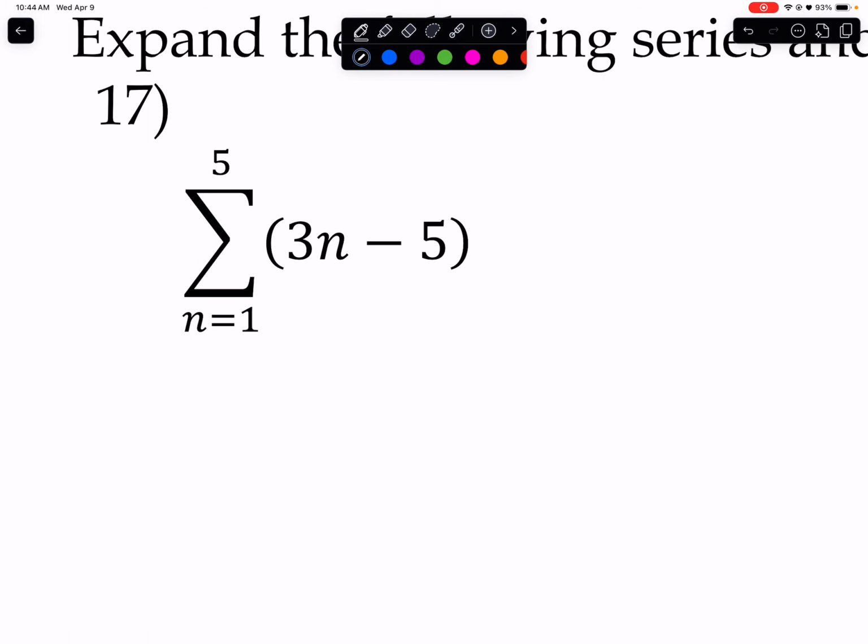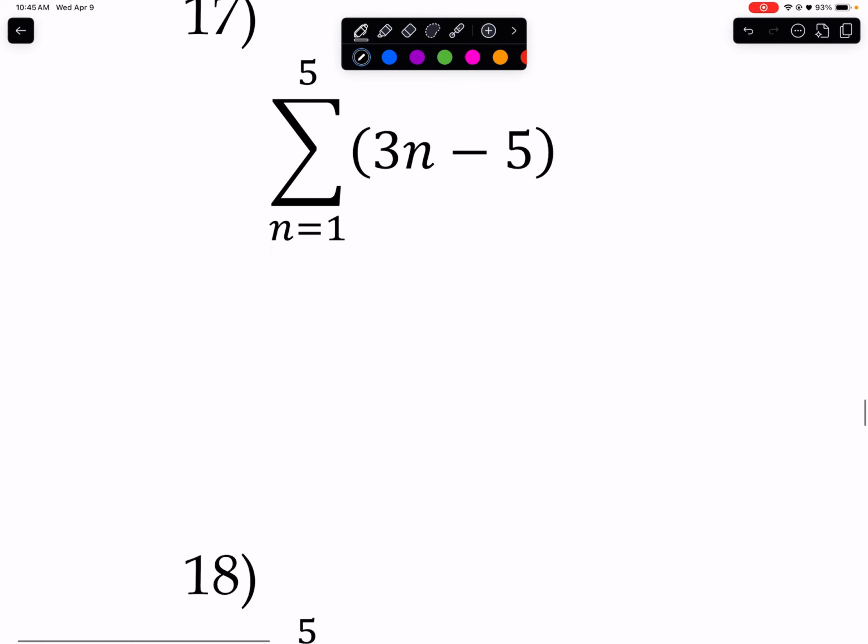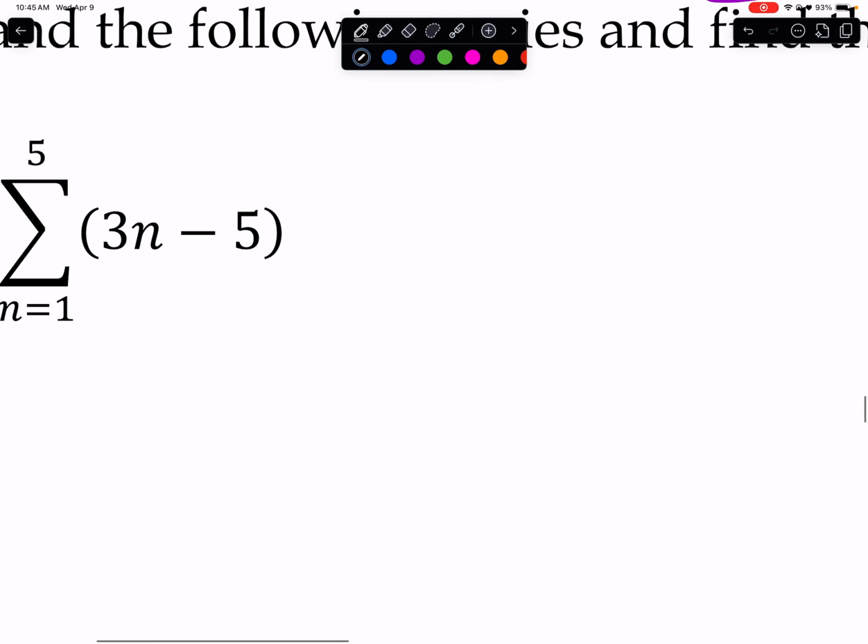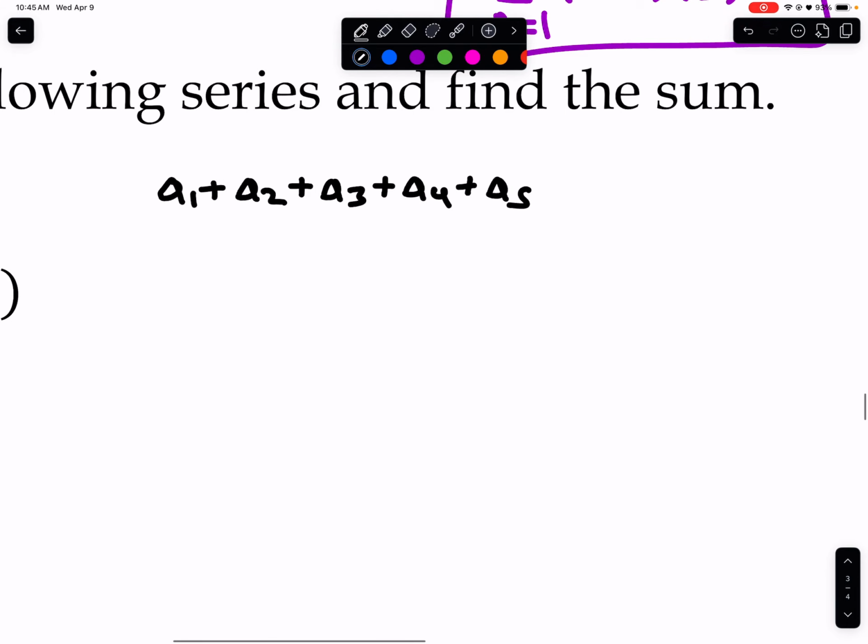This is telling me I want the first term plus the second term plus the third term plus the fourth term plus the fifth term. If I count the number of terms, we have 1, 2, 3, 4, 5 terms.